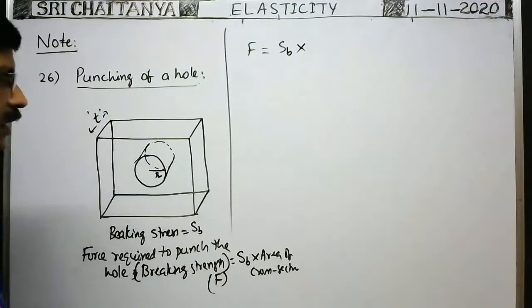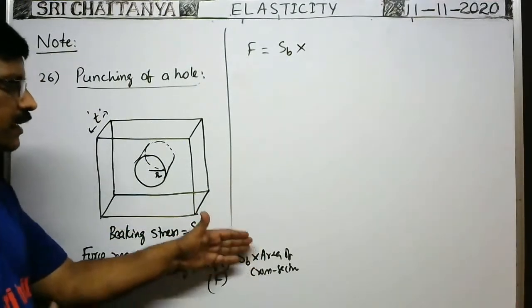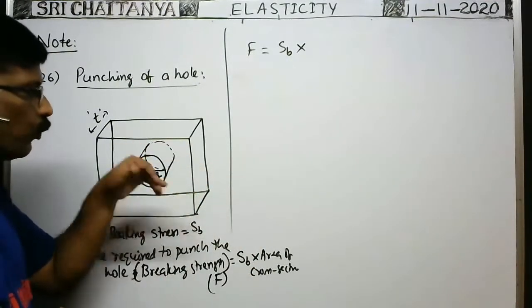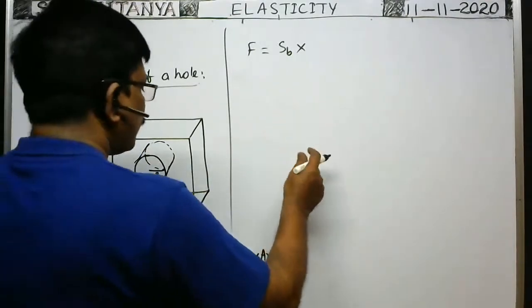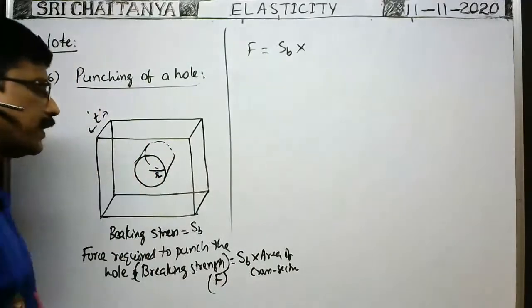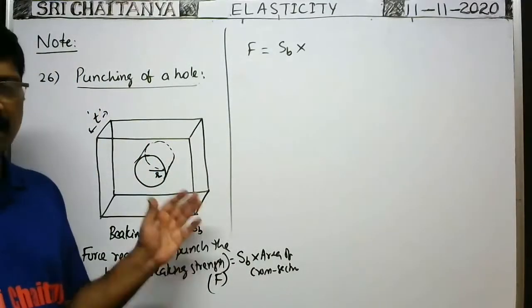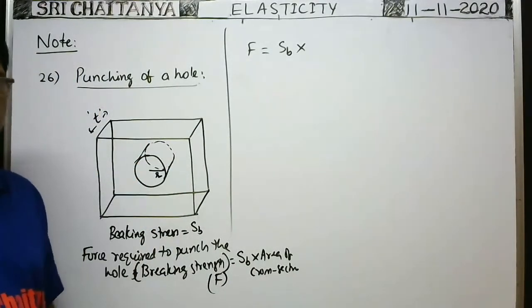What is the area of cross section? Area of cross section means the area of the surface on which force is applied. What is the surface area on which force is applied here?